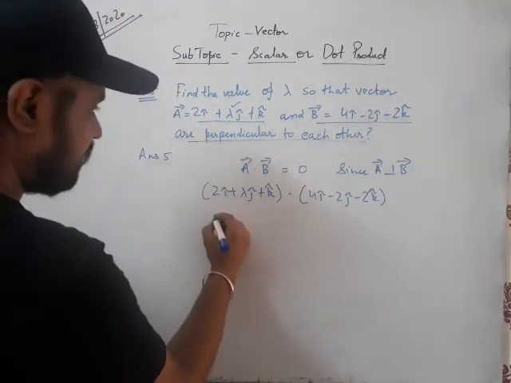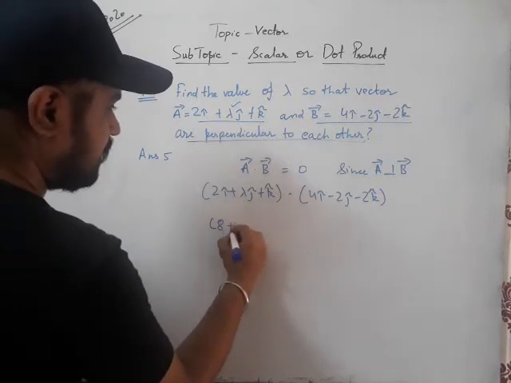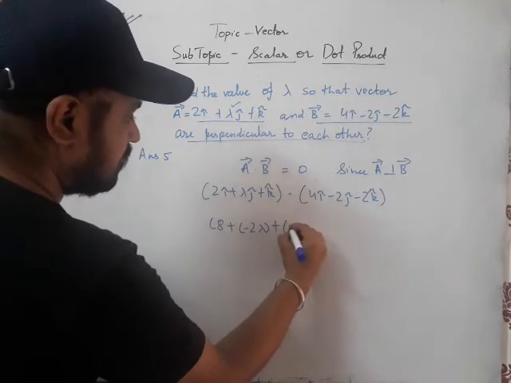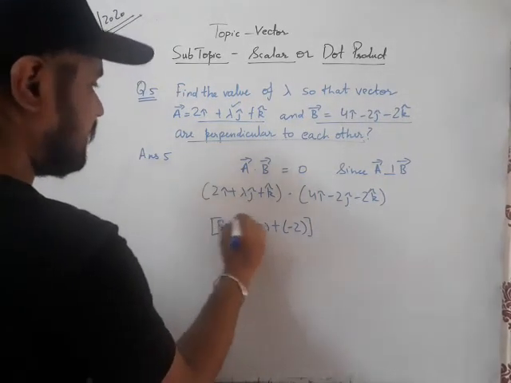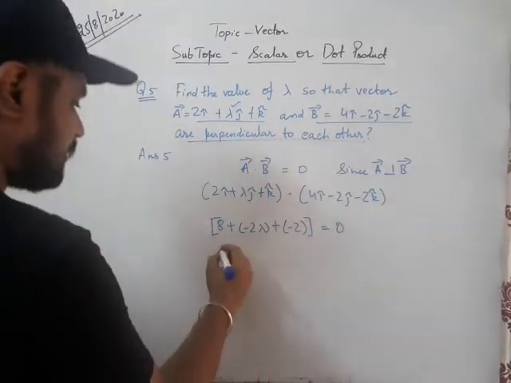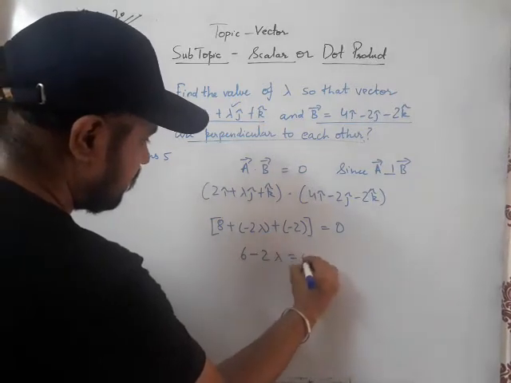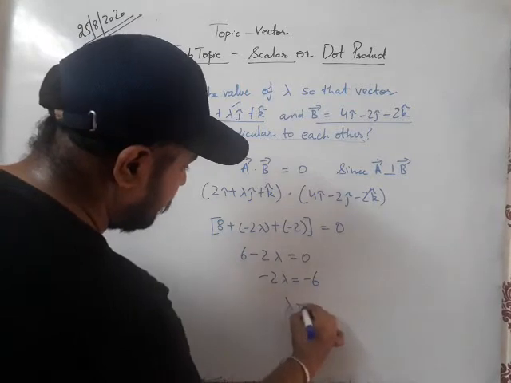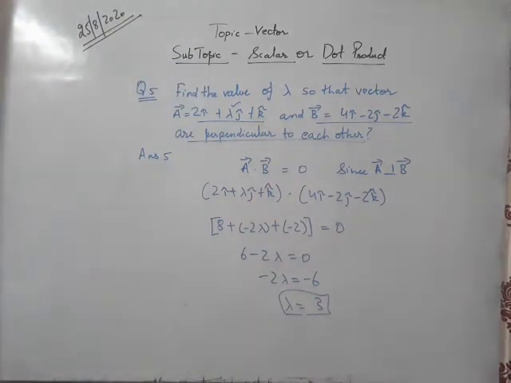Here we will be finding the dot product, that will be 8 plus minus 2 lambda plus minus 2 over here, that is equal to 0 since dot product is 0. So 8 minus 2 is 6. 6 minus 2 lambda will be equal to 0, or minus 2 lambda is equal to minus 6. Lambda will be equal to 3. So lambda value will be 3, for which both vector A and B are perpendicular to each other.